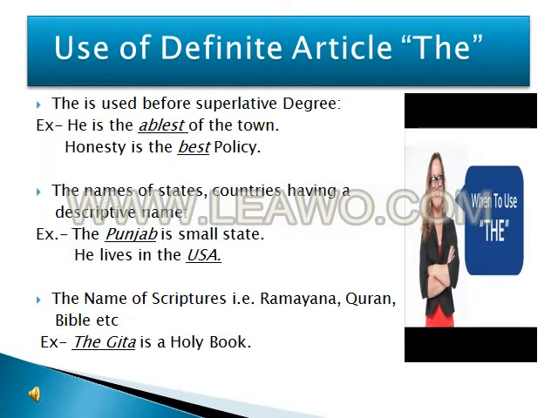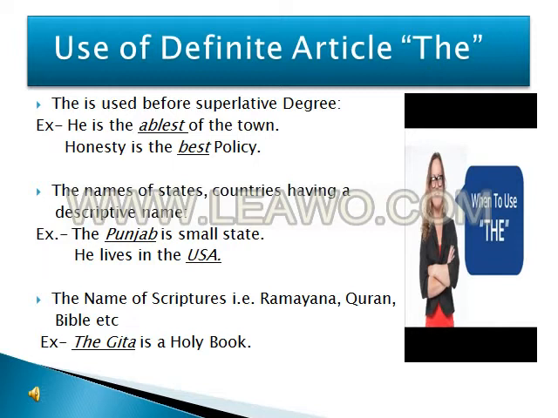Use of definite articles. The is definite article. So definitely we will use the when things are definite. Read the first rule. The is used before superlative degree. Superlative degree means indirectly we can say the third form of the verb. I will discuss about the degrees in a separate topic.